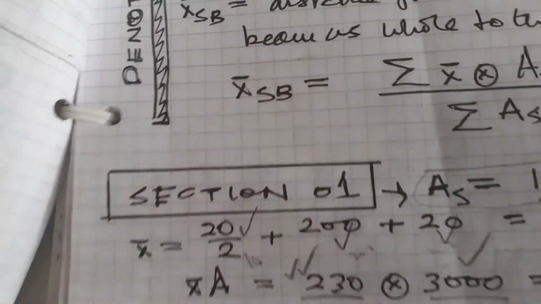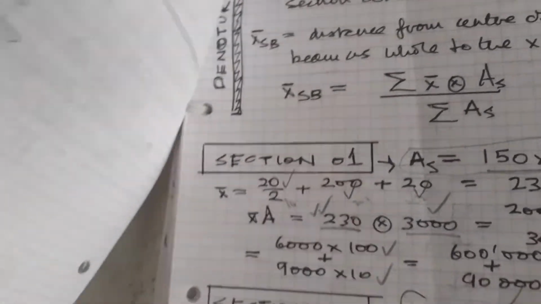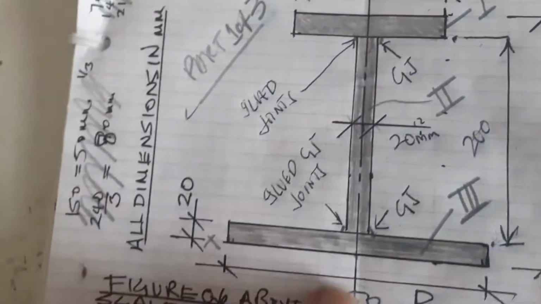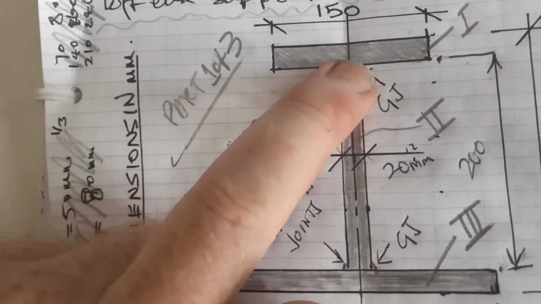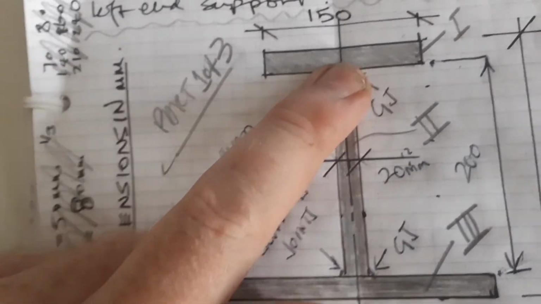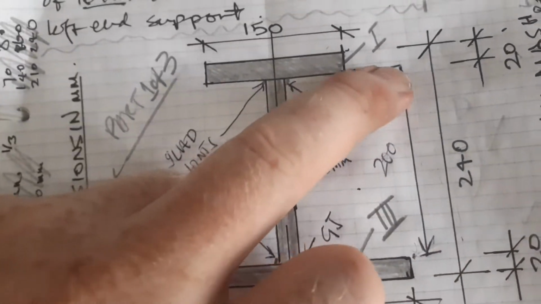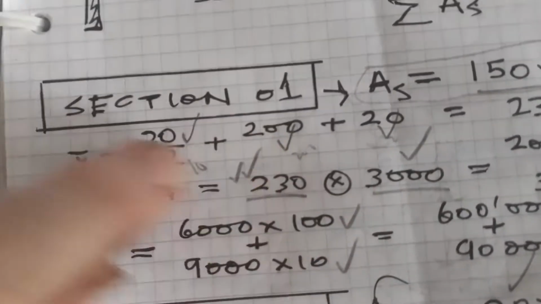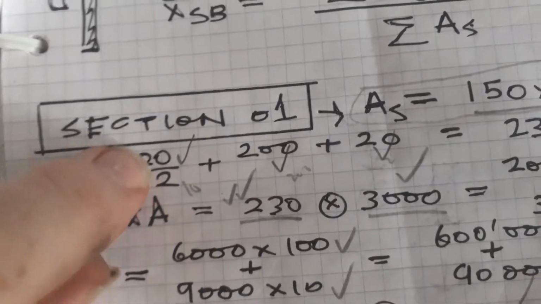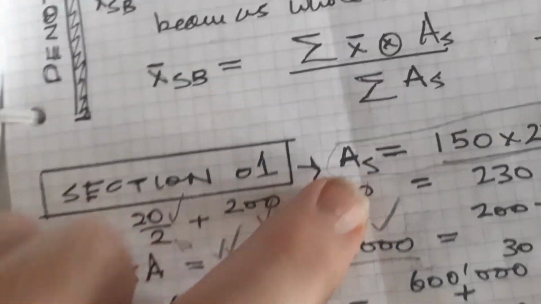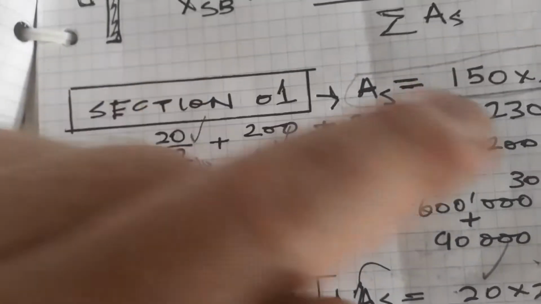So basically, x bar is the distance from the x-axis to the center of area of the rectangle we're looking at. We're looking at rectangle 1. So the center is 20 over 2 plus 200 plus 20, that's 230.